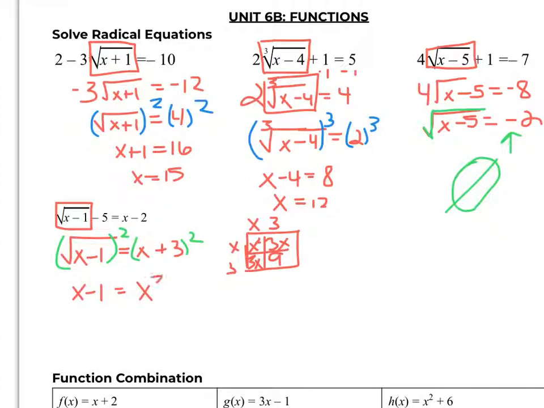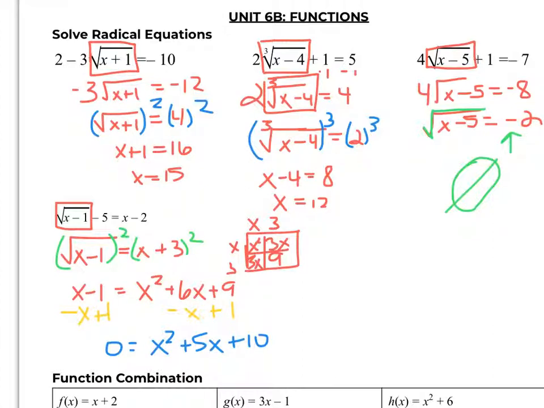So x squared plus 6x plus 9, and then I'm going to move everything to the right. So I get that 0 equals x squared plus 5x plus 10.